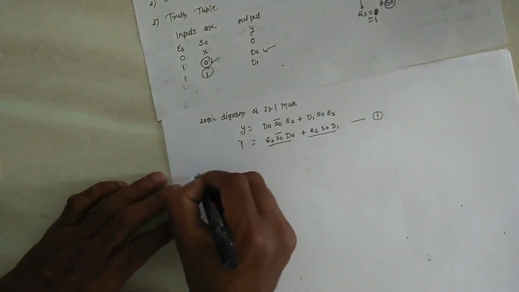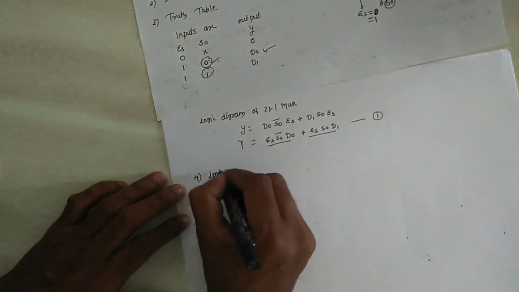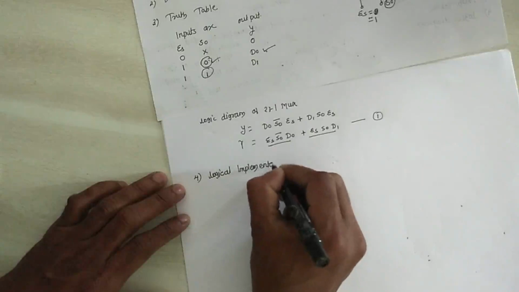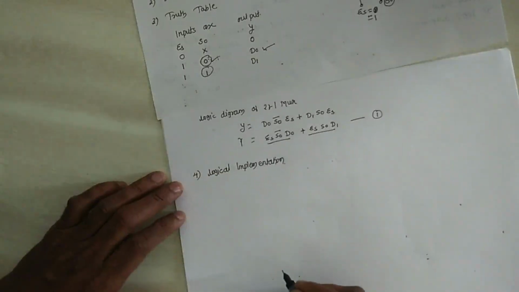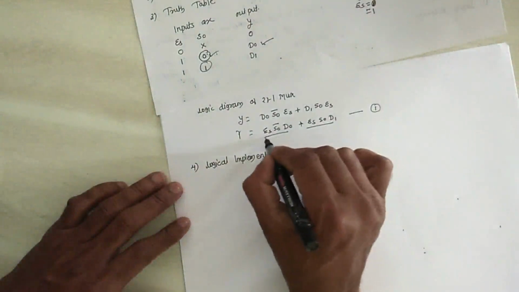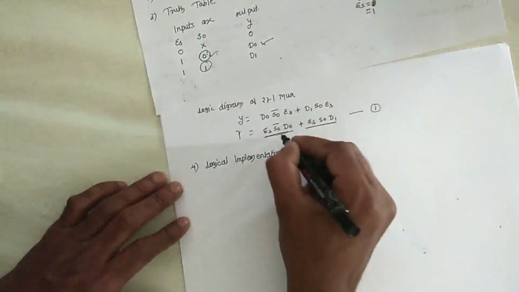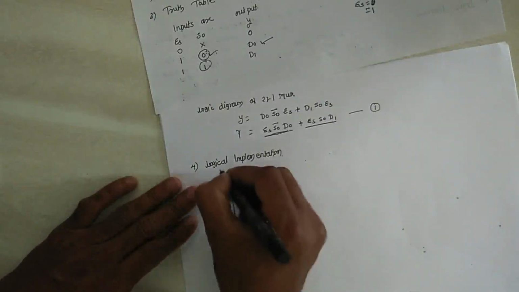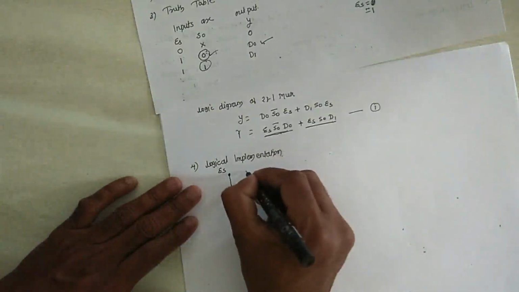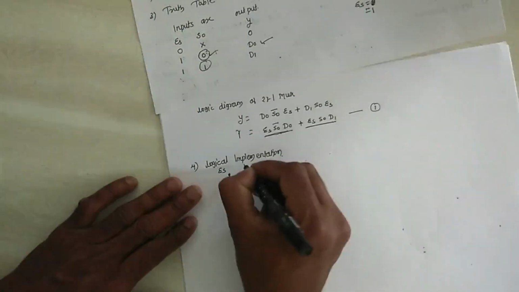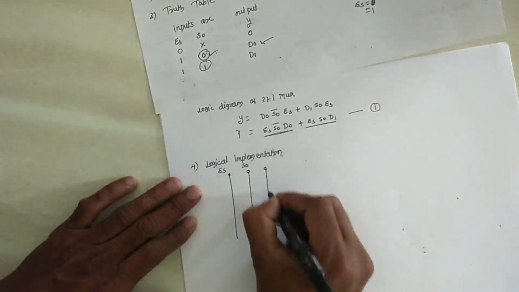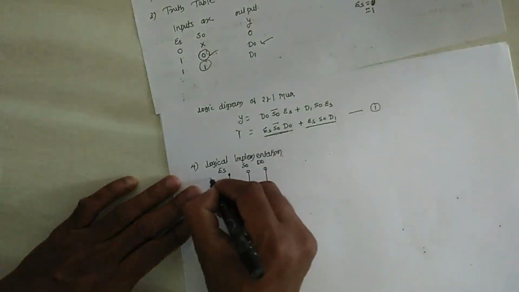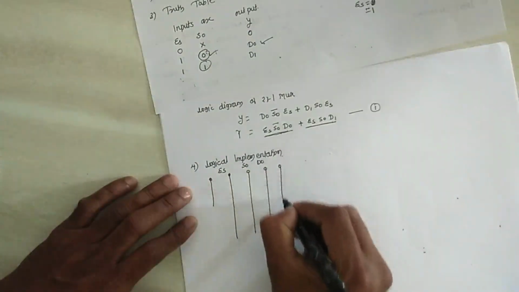So next step is logical implementation. For the logical implementation we have to find out the relation between each and every term. For the first term, the inputs are ES, we need S0, we need D0 and D1. Sorry, here we will take D1.